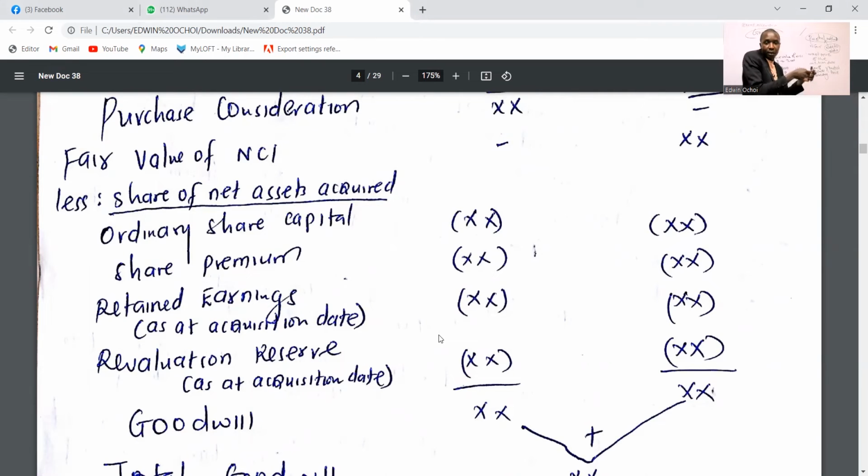As at that time the investee company was acquired, the retained earnings was, the revaluation reserve was. So you need to know how to compute them. If they are not provided directly, there's a way the examiner will provide that information, and that will be well addressed when I do an illustration.